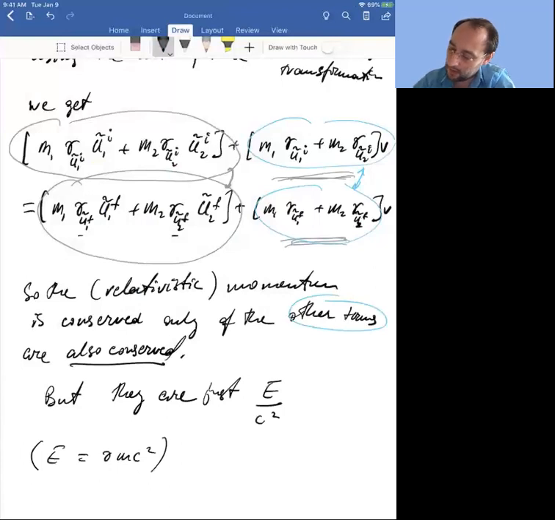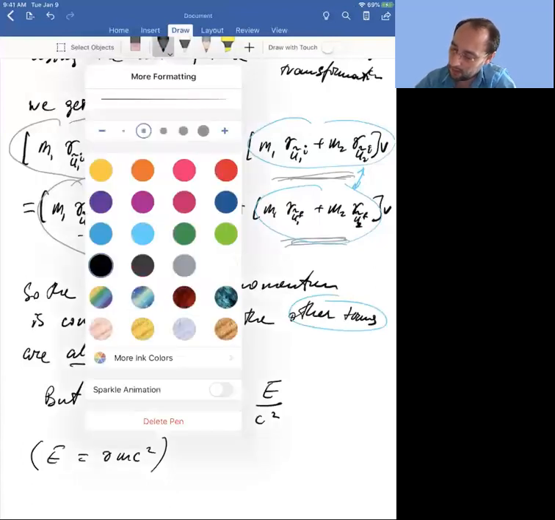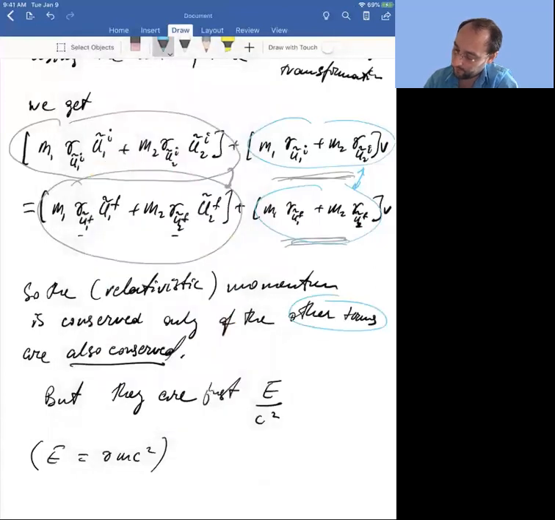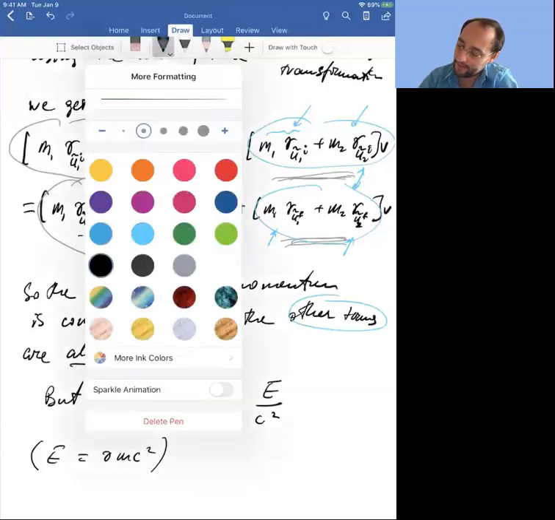So then this right here is the total initial energy of particle 1. This is the initial energy of particle 2, the final energy of particle 1, the final energy of particle 2. Okay?